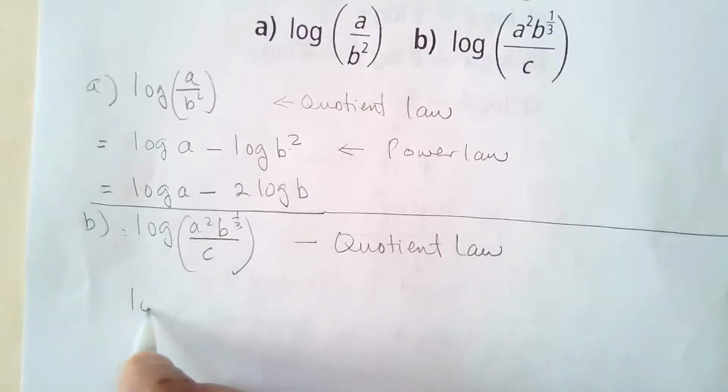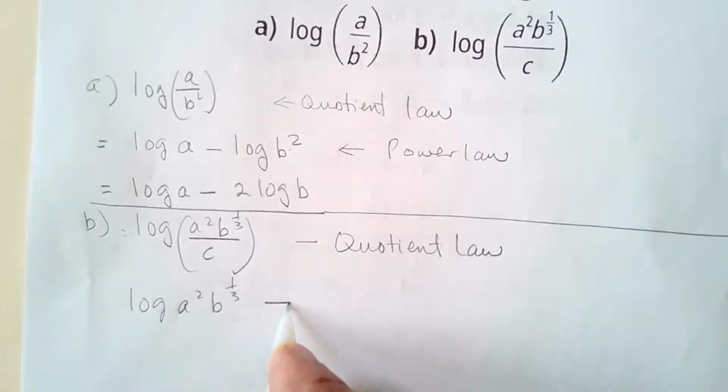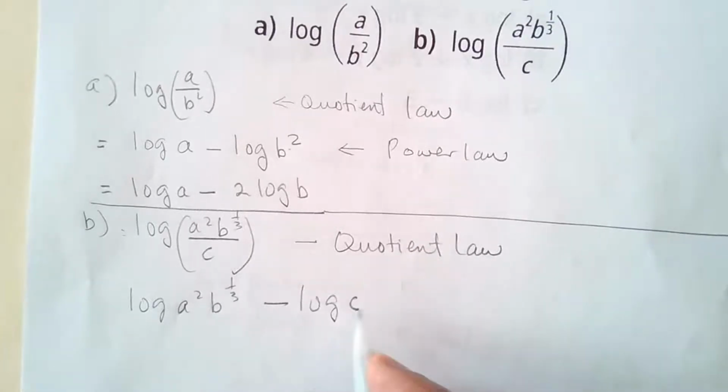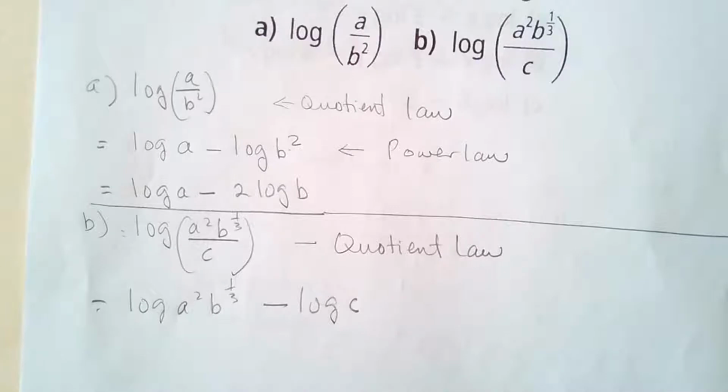So we have log A squared B to the 1/3 minus log C. Next, in this case, because we're multiplying, I'm going to use the product law.